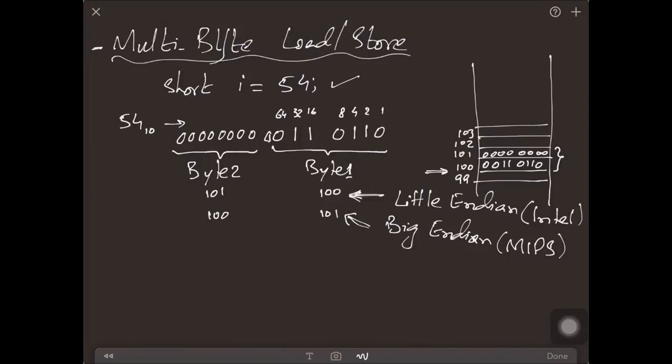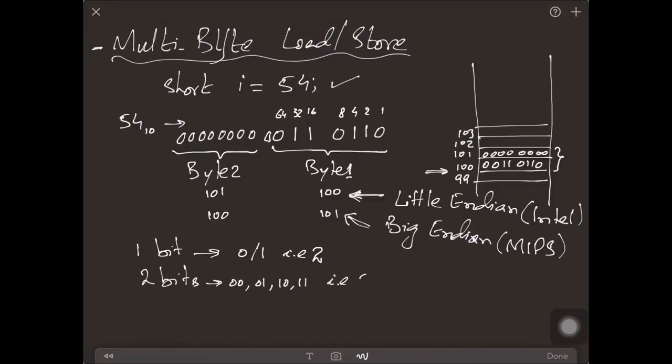Now the next question that arises over here is, how much maximum data can we store in a byte? So let me start from 1 bit. If I have 1 bit, I can store either a 0 in it or a 1 in it. That is, I can store 2 values. If I have 2 bits, then I can store either 0 0 or 0 1 or 1 0 or 1 1.